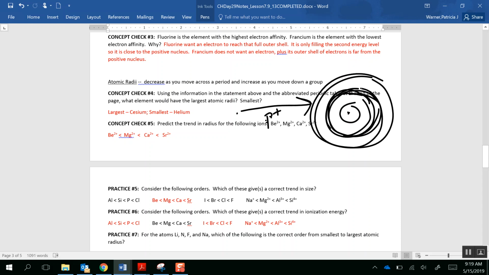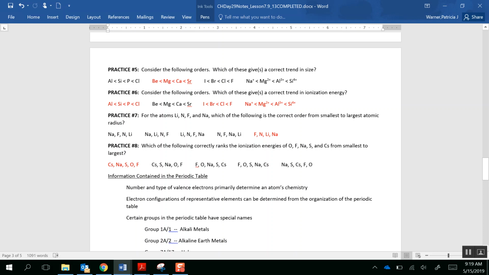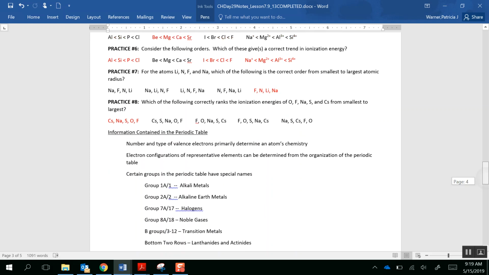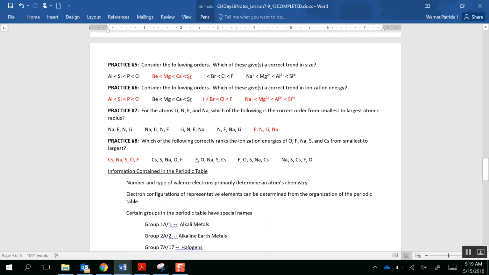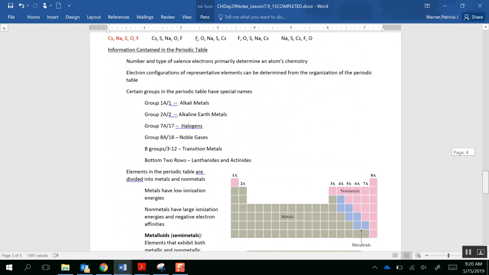Okay. And then some other trend sizes. So just look at these and figure out what you think, based on trend sizes and ions and things like that. Please look in your book. There are lots of diagrams that show the atomic radii, and the pictorial comparison makes it look like little marbles.